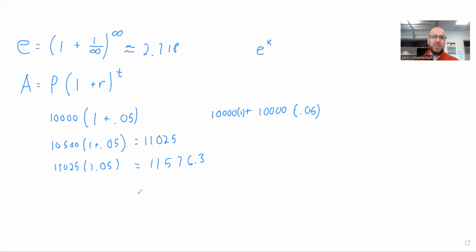Okay. Well, so this works out in the formula. Let's say I want this to be after 20 years. I don't really want to have to do this every time, but I'm just multiplying by 1.05 each time, so I can do that as an exponential function to the 20th.